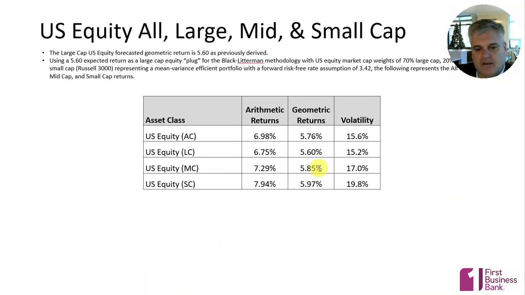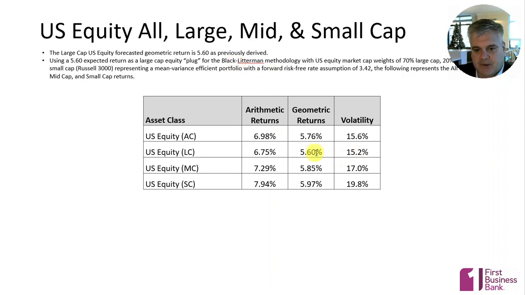And then we look here at large cap versus mid cap, small cap, and then the entire breakout. A couple guys named Black and Litterman developed a method for taking volatility and correlation of various asset classes, comparing them to a broader market index, and building in what the implied return is for those areas.